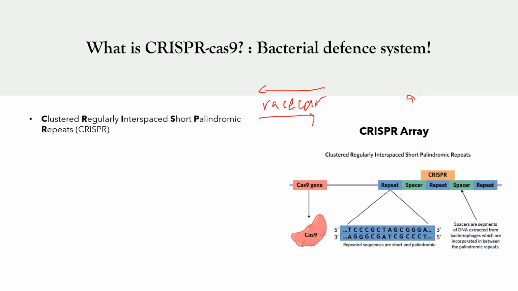Same with the name Anna. You can read it as Anna forwards or Anna backwards, right? So that's a palindrome. We've got clustered DNA sequences that are regularly interspaced, and they have short palindromic repeats.